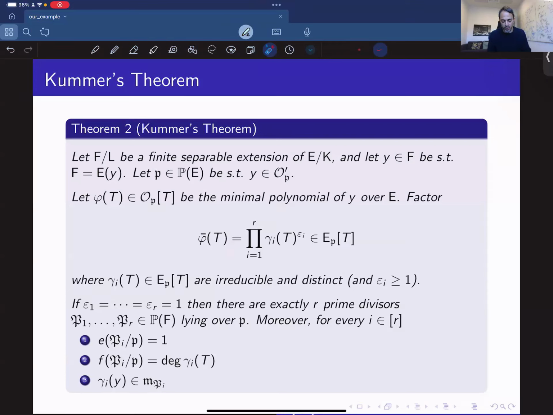It could split because you're considering a different polynomial now, related but different. So let's say that when you factor it, it looks like this. You have r components, these gamma i to the epsilon i, where the gamma i's are irreducible and distinct. And epsilon i tells you how many copies of gamma i you have, so epsilon i is one or more.